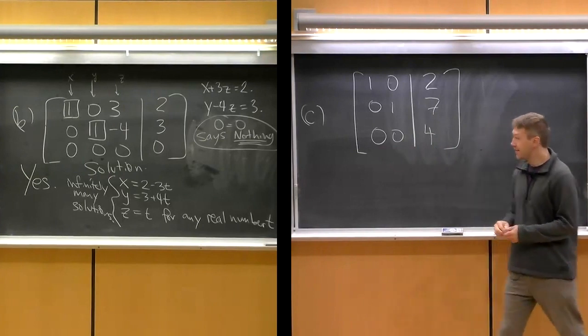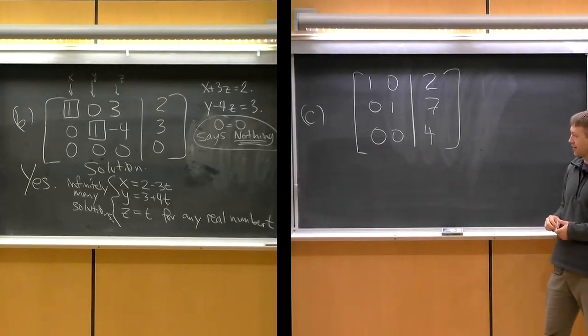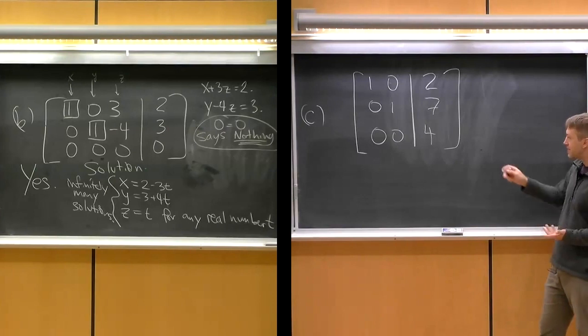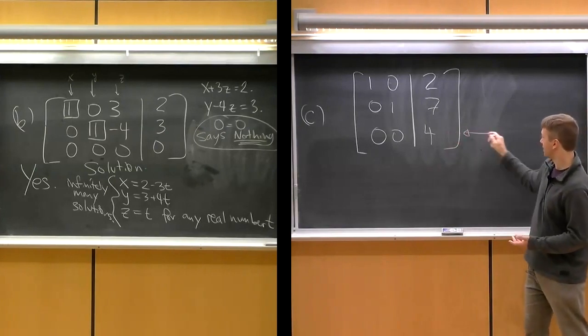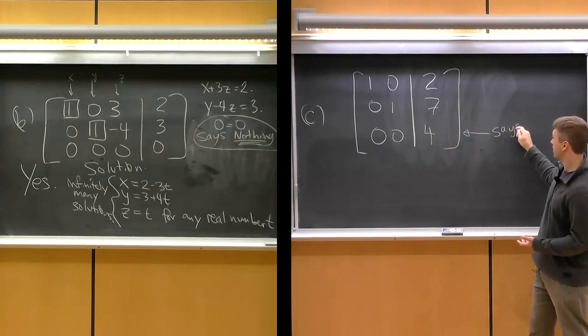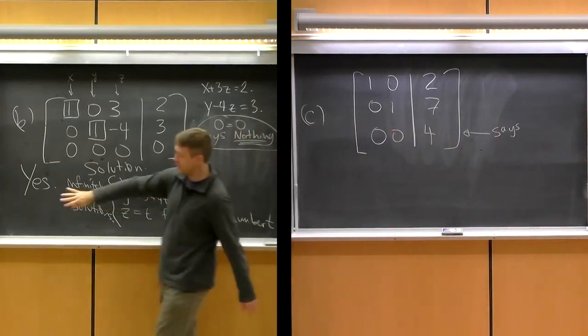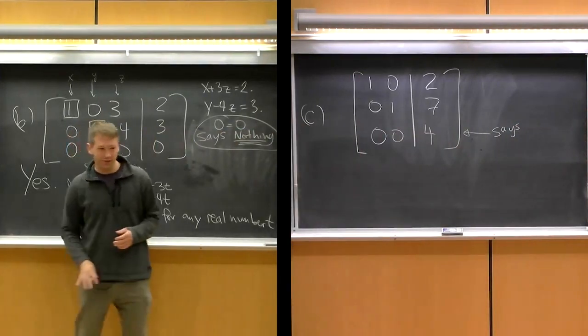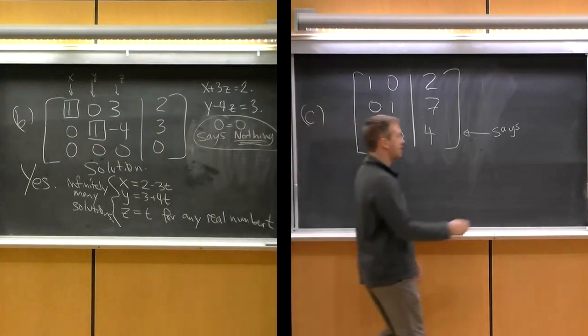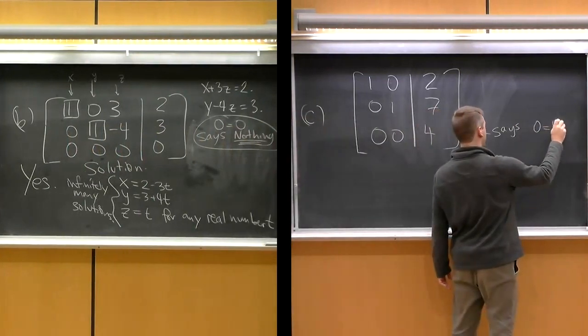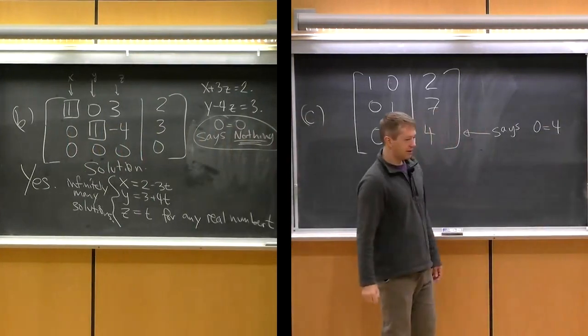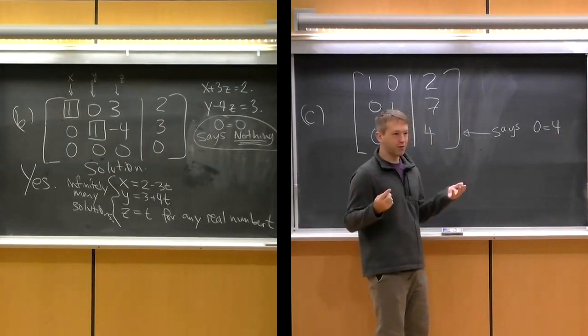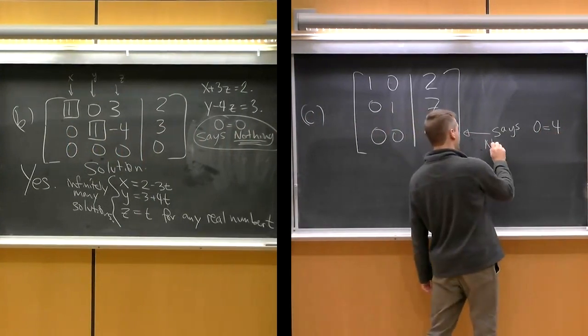It's actually something weirder than that. This third equation says that 0 equals 4. And we're pretty sure that's not true, right? So this is nonsense.